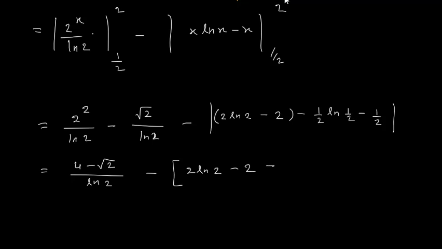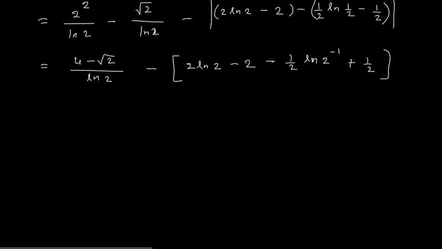Minus this 1 by 2. Now this ln half can be written as ln 2 power minus 1, and minus half. What I am doing is I have to subtract this part now. This minus this, so minus minus becomes plus.